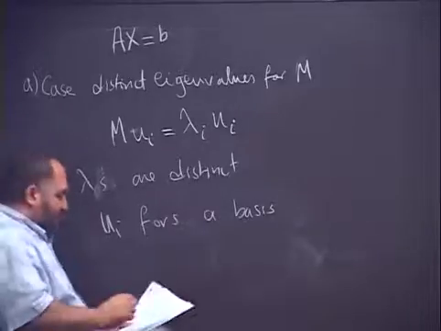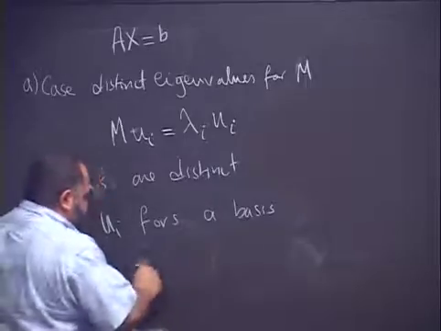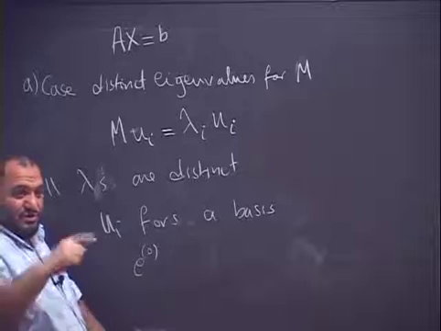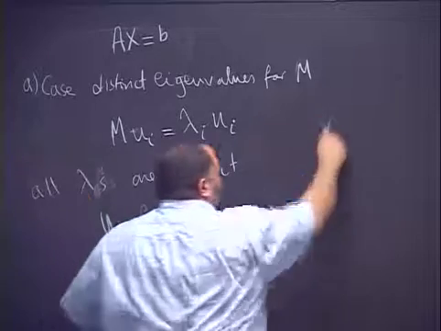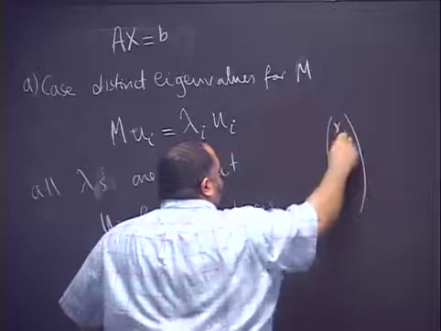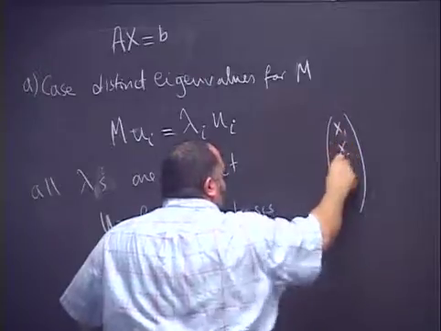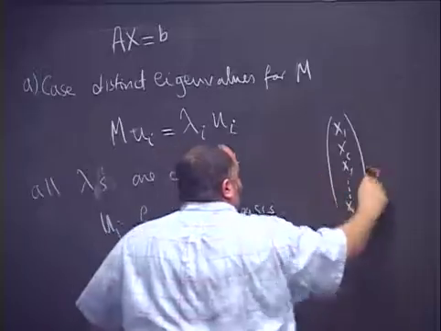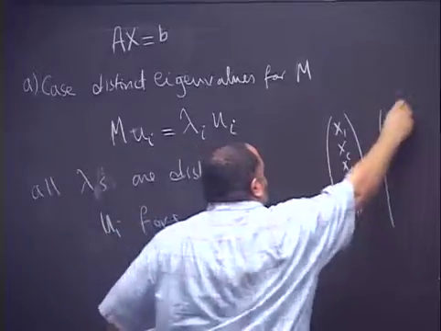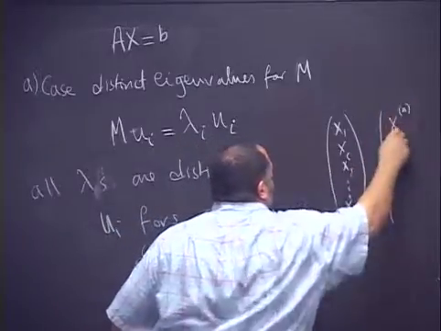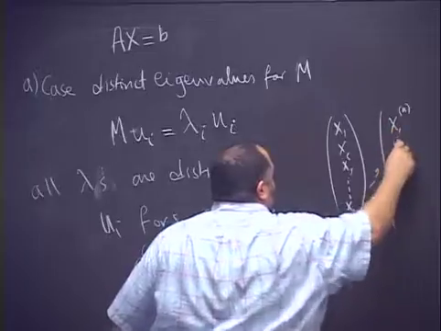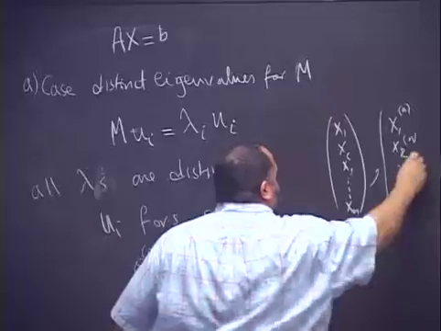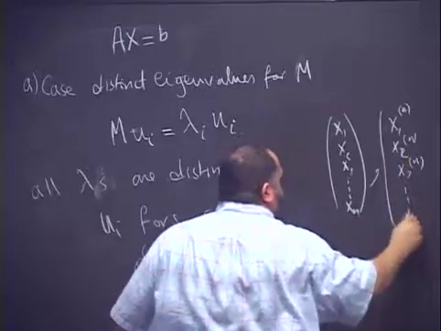So in this case, you can write the error vector. The error is a vector because it corresponds to what? If you have x1, x2, x3 up to xN, and this is the true value, and you have the measured value after the nth iteration, let's say, x1 after the nth iteration, x2 after the nth iteration, x3 after the nth iteration, up to xN after the nth iteration.